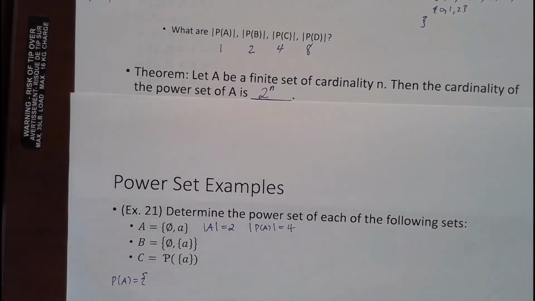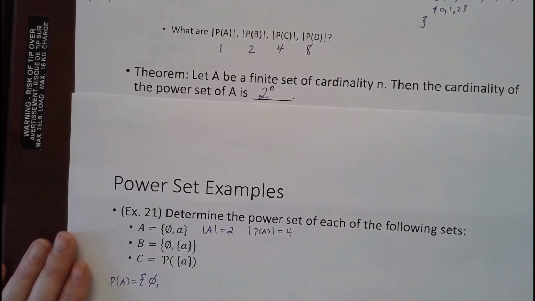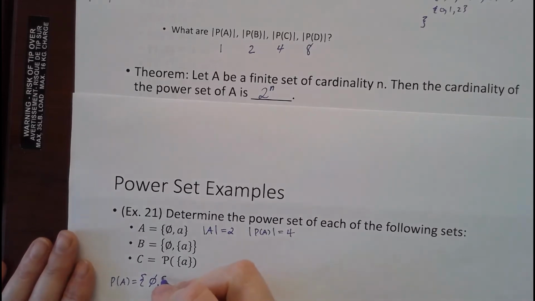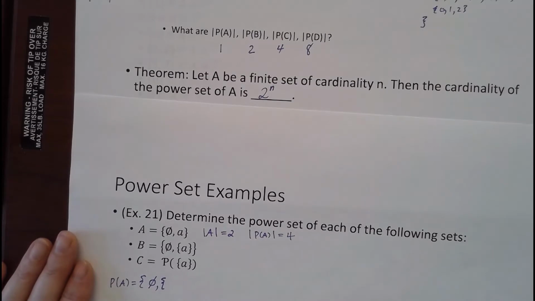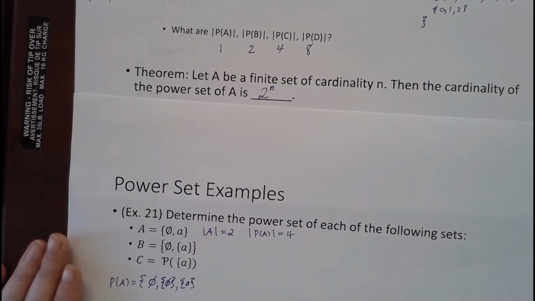Okay, so when I do the power set of A, the first thing that can be in there, of course, is subsets of size 0. That's just the empty set. Okay. Now we need subsets of size 1. So I can have a set that contains this first element. And I can have a set that contains just this second element. So those are all the things that have only one thing in them.